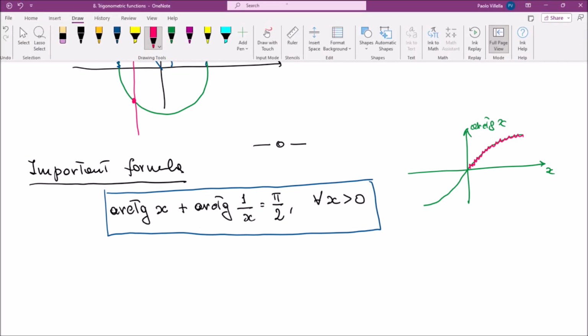So actually, arc tangent of x is defined on the positive x-axis, and the same is true also for the arc tangent of 1 over x. Let me prove this formula.